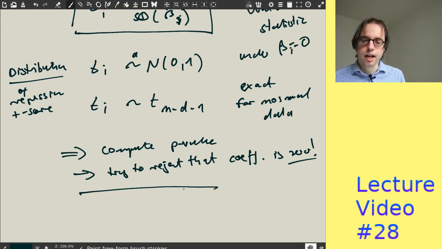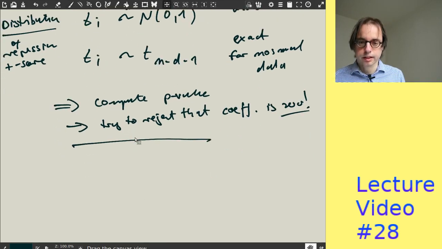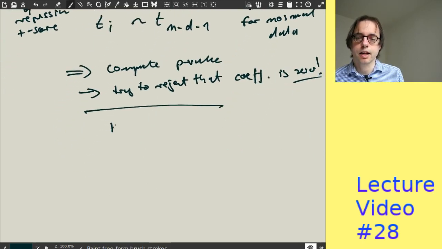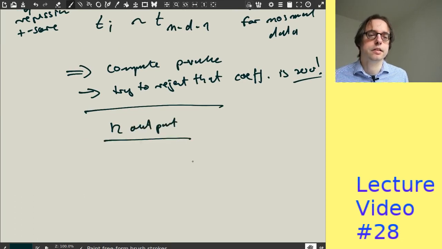And if we do this in R, you will get the following output. You'll do this in one of the worksheets.